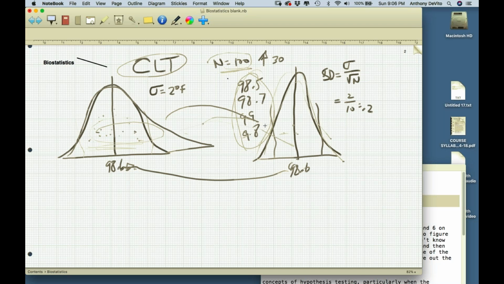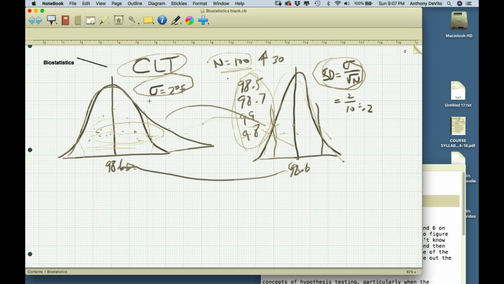So it evens that out into a normal distribution, even if there are issues with whether or not the population is normally distributed. Since we know the relationship between the standard deviation of the population and the standard deviation of repeated samples of the same size from that population, now we can take advantage of that.